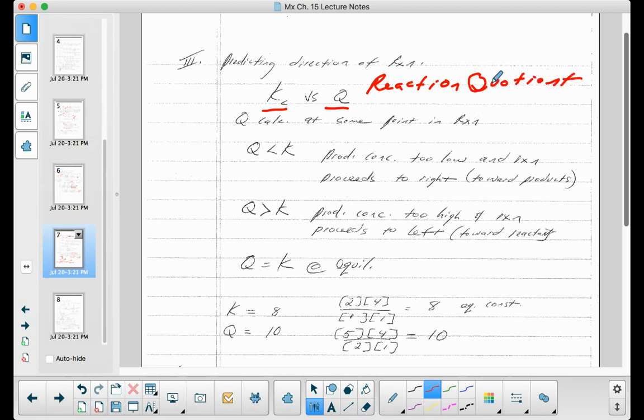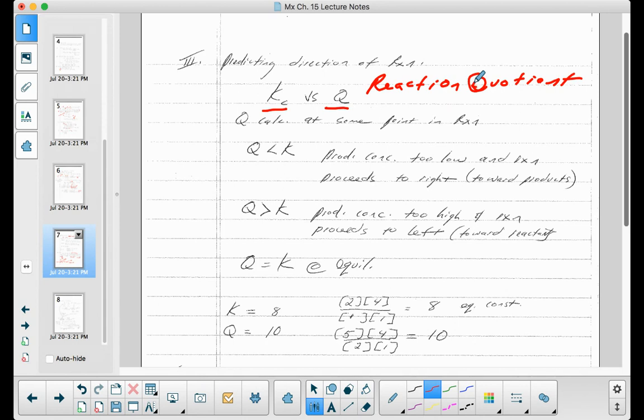Q is really at some point in the reaction, any random point while the reaction is trying to achieve equilibrium. And Kc, of course, is the equilibrium constant. So what we do is we calculate Q at this random point in the reaction.